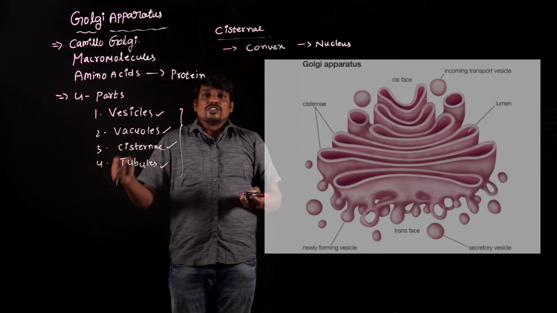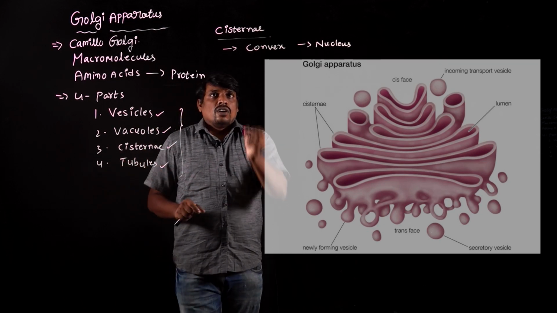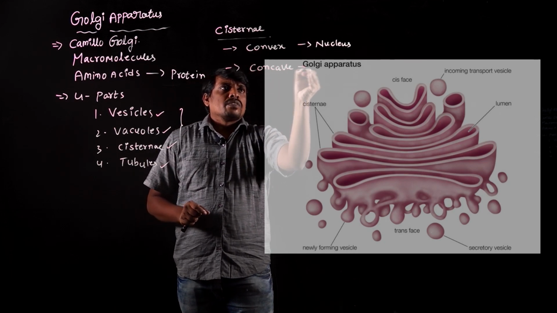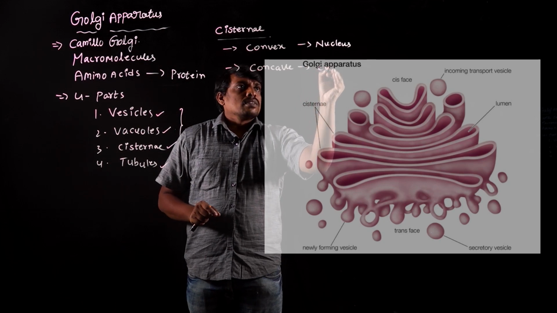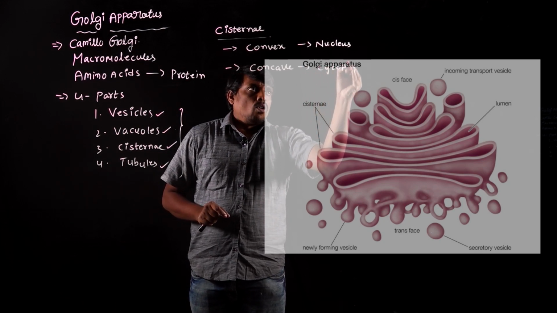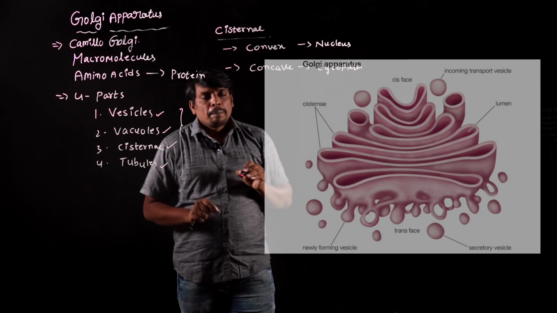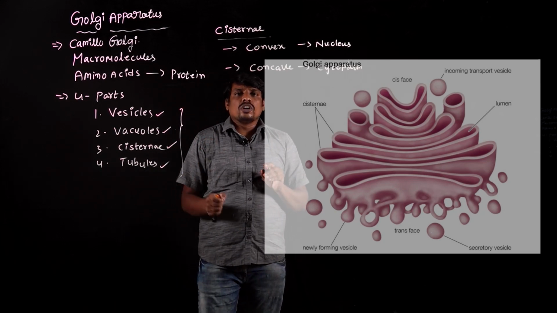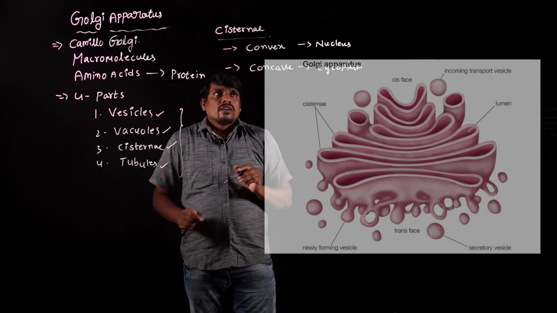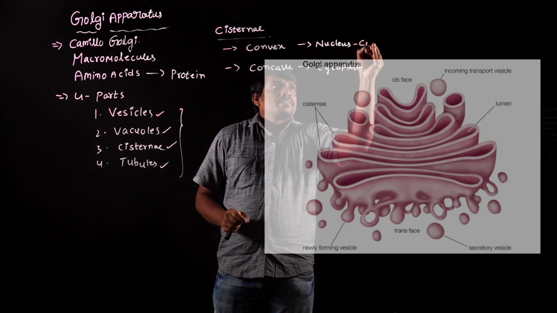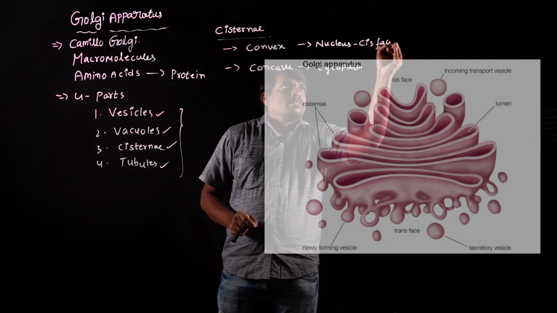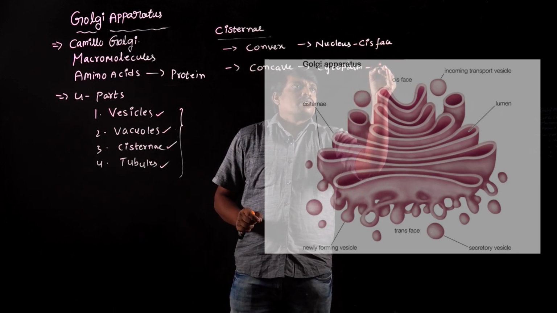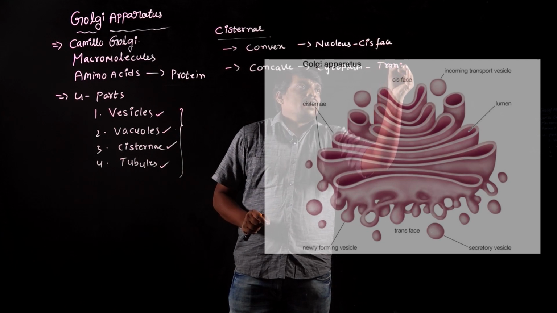Already you have learned it in physics. Whereas the concave surface of the Golgi operators is towards the cytoplasmic skeleton or cytoplasm. The nucleus hosts the convex surface of the Golgi operators, which is there in the cisternae, that is called the cis phase, whereas the concave surface is the trans phase.